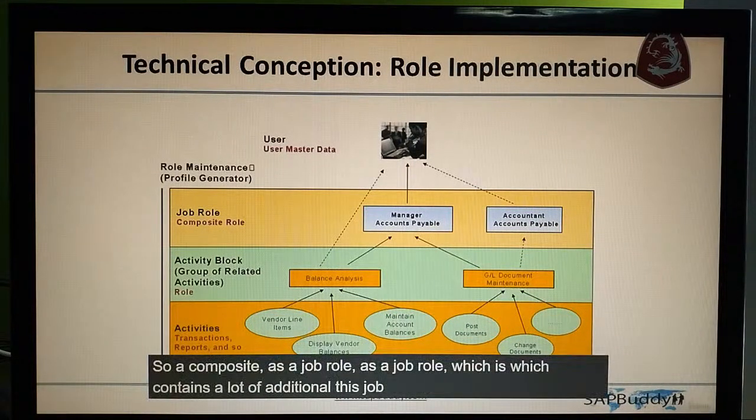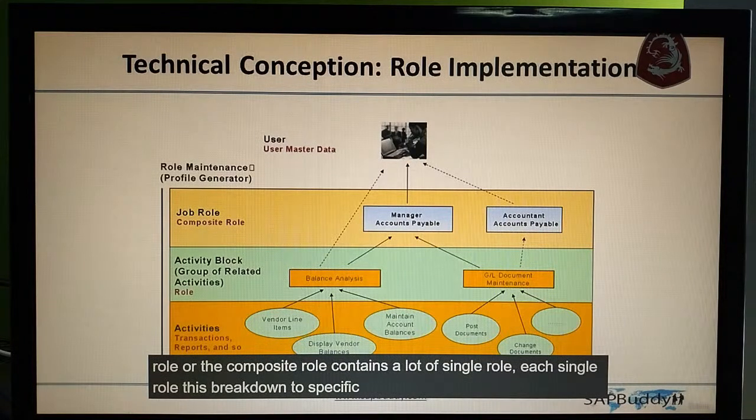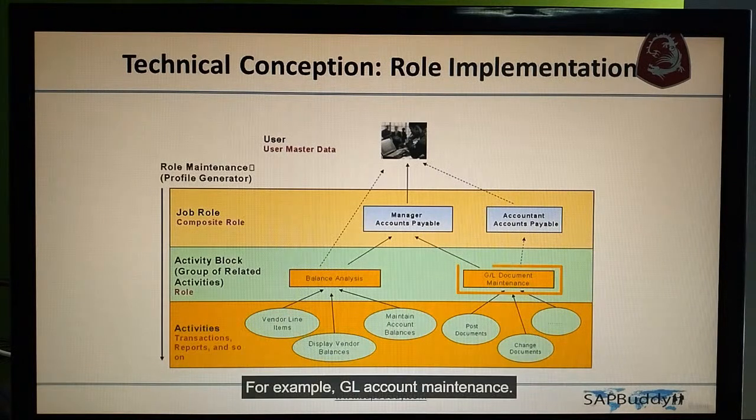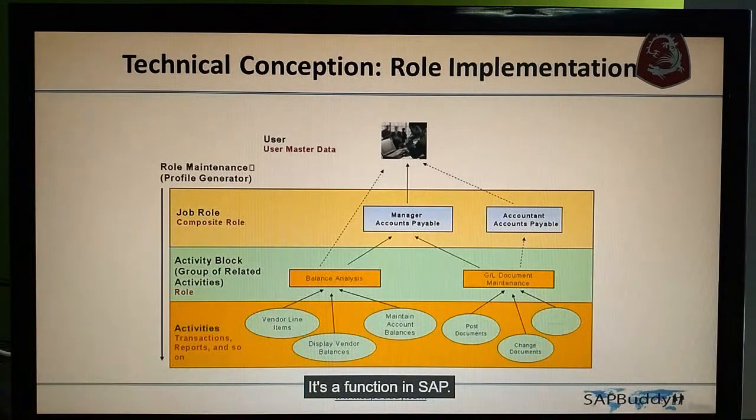So a composite is a job role, which contains a lot of single roles. Each single role is broken down to a specific function in SAP. For example, GL account maintenance is a single job function. It's a function in SAP.